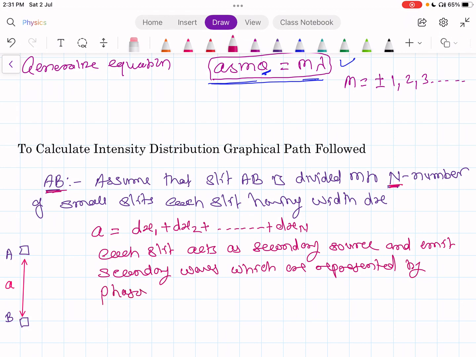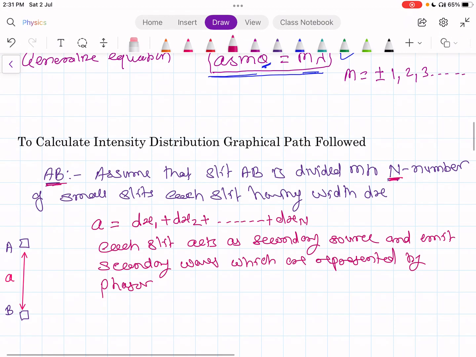The new concept, the phasor. What is a phasor? A phasor is a quantity having phase and magnitude.